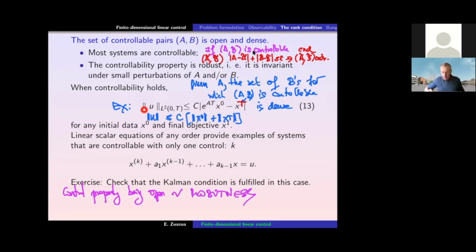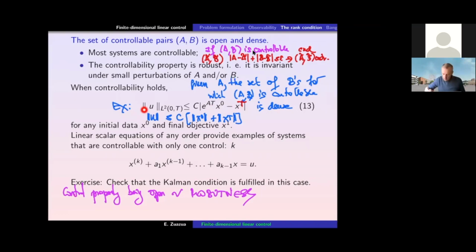So if you were very lucky and this difference was equal to 0, it would mean there is nothing to be done. You just take u equal to 0, you solve the system without control. This system is going from x0 into xt because this distance is equal to 0, so there is nothing you have to do. And in case this distance is non-zero, then by doing nothing you don't get to the target, but somewhere away, and this is really the distance, the gap that the control has to fill, right?